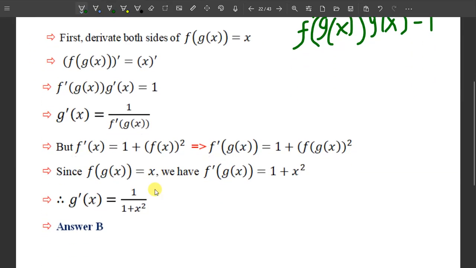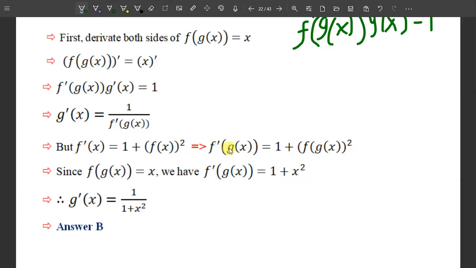Since f prime of x is given as 1 plus f of x whole squared, what you have to do is just replace x by g of x.